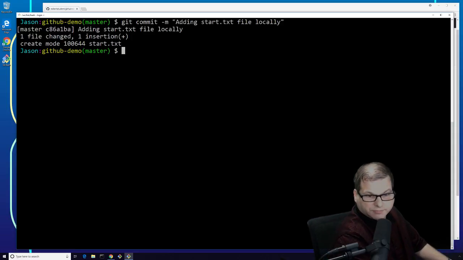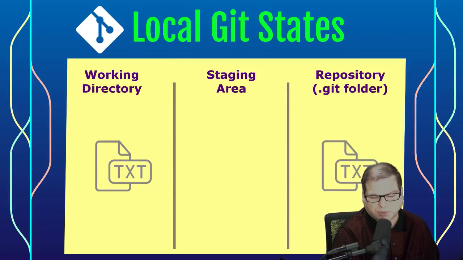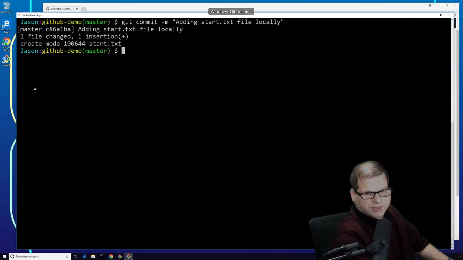All right. Now that we've done our commit, we've moved all of our changes that were in the staging area into the Git repository and its history. And we can see the details of that commit by using Git's show command.